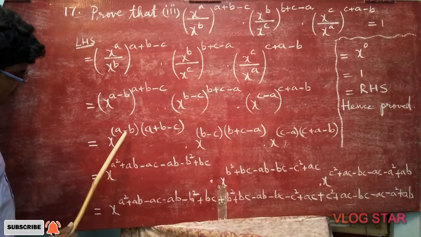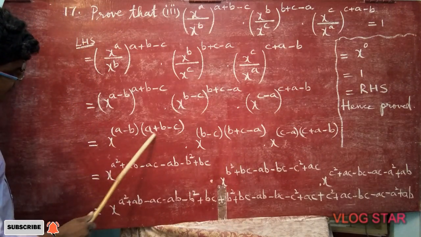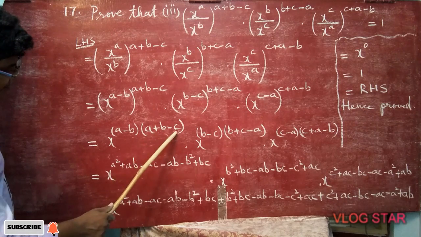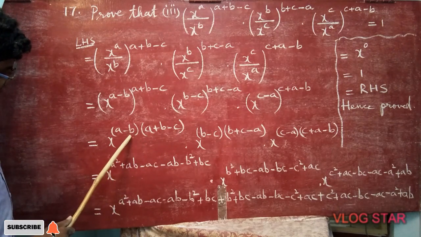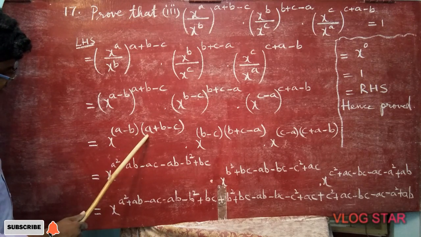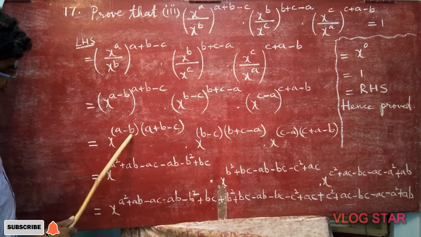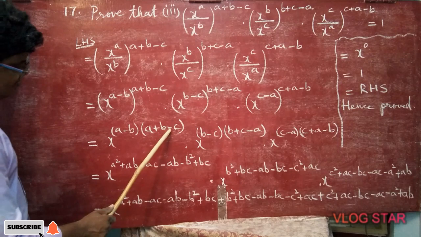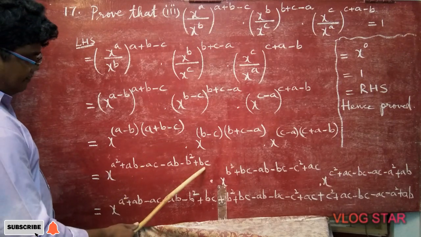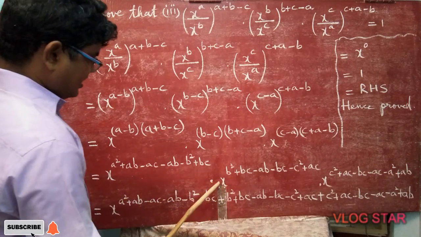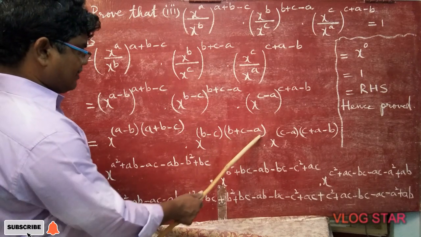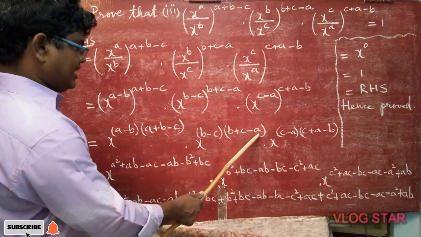Now x to the power of, you multiply first time with a square plus ab minus ac. Next with minus b you multiply minus ba, or you can write minus ab plus into minus b square, minus into minus plus bc. Next come to the next one, x to the power of, with b you multiply b square plus bc minus ba.